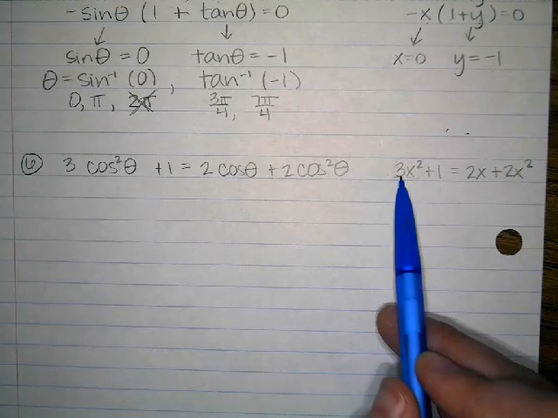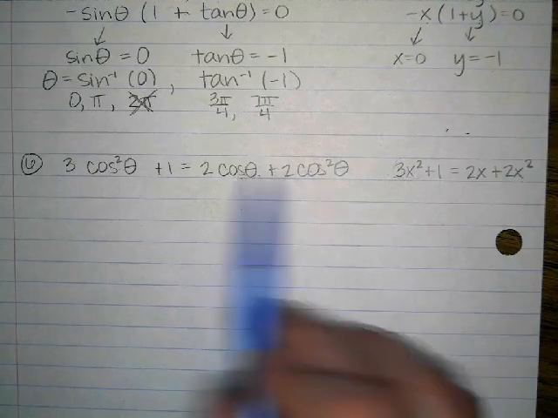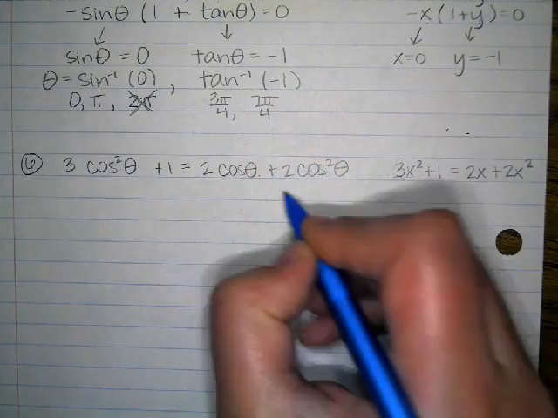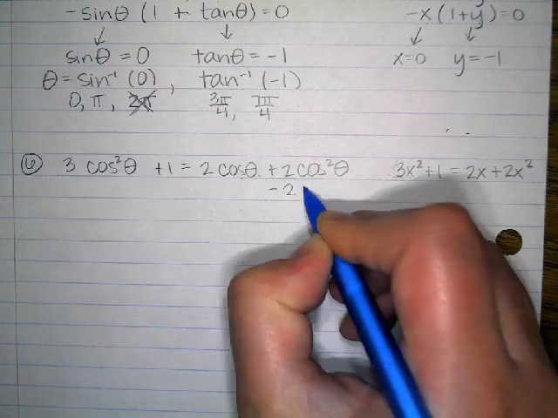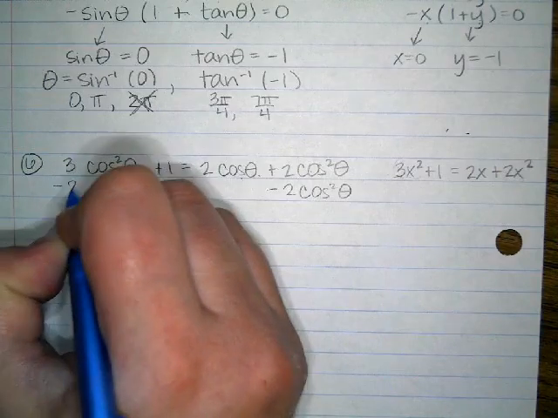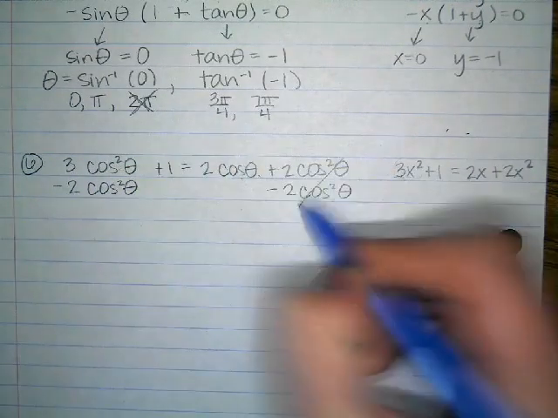Okay. So I'm going to subtract the 2 cos squared, and then subtract the 2 cos.